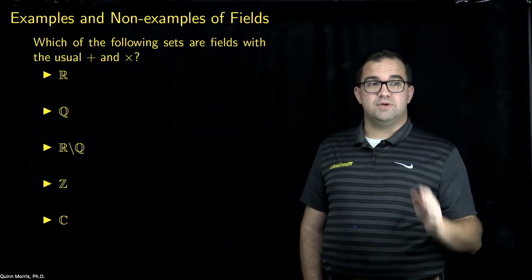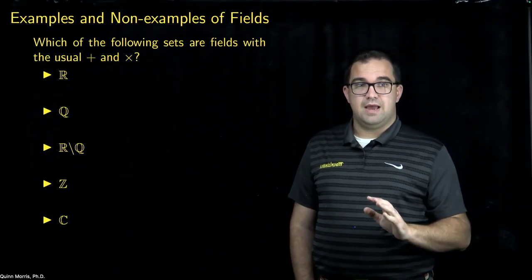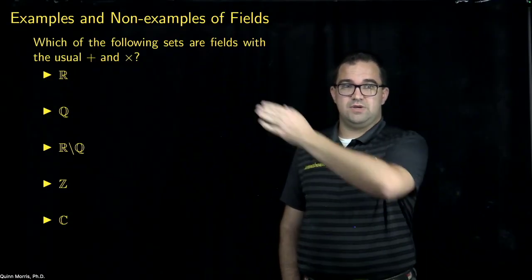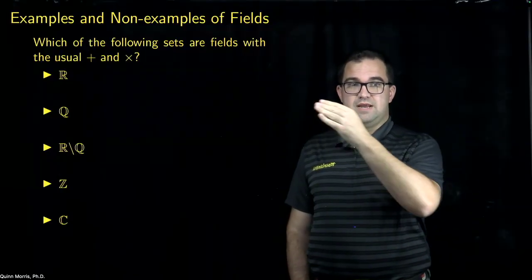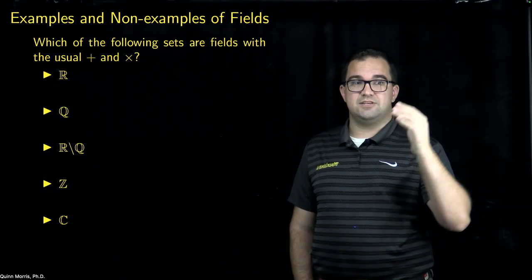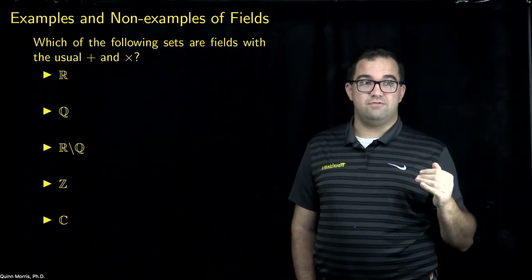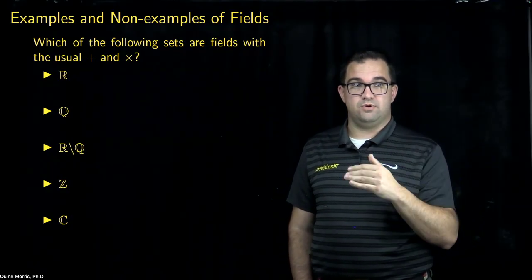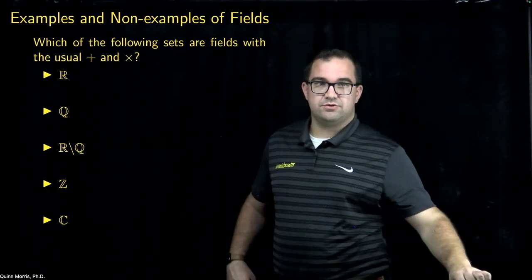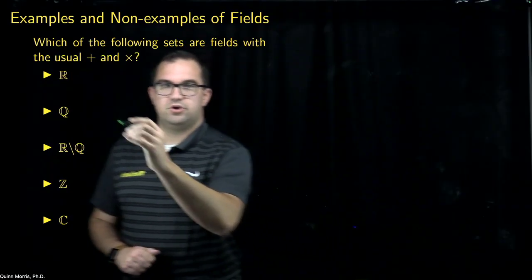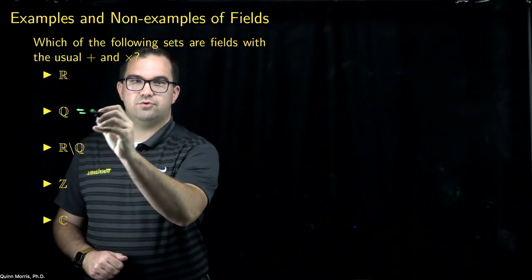What I would encourage you to do is pause the video here and go through each of these for yourself. So for each one, start with the real numbers. Does the real numbers with standard multiplication and addition satisfy all 11 of those axioms that you saw on the previous screen? Then do the same thing with Q. So as a reminder of some of these sets here, Q is just the rational numbers, right?